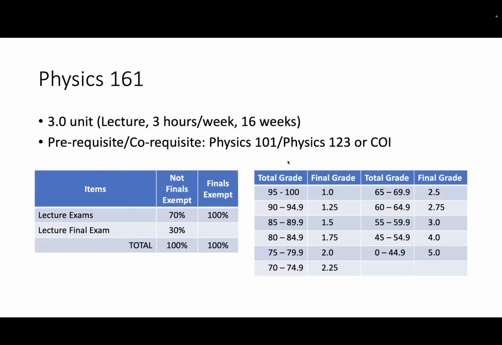So like I said, this is Physics 161. This is a 3-unit course, which means na 3 hours per week tayo mag-meet for, hindi pala 14 weeks, but 16 weeks. So approximately kung i-divide natin yung exams into 4, then we have 4 weeks per coverage ng isang exam.